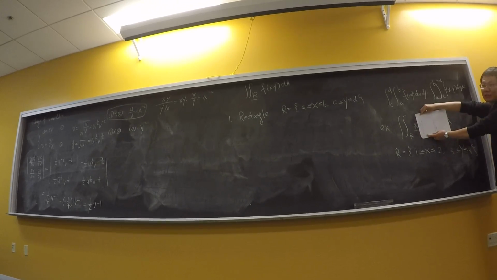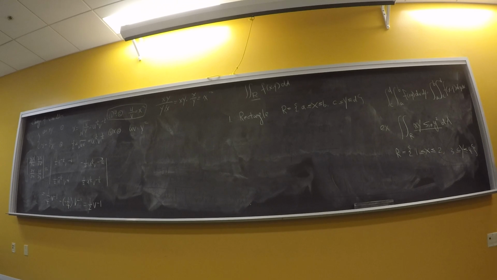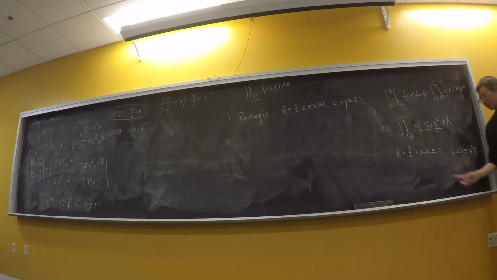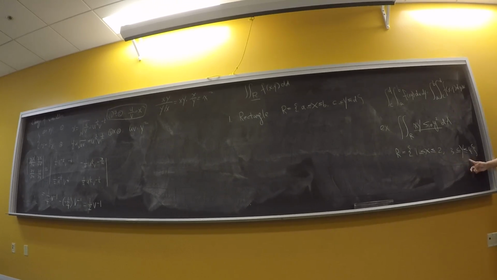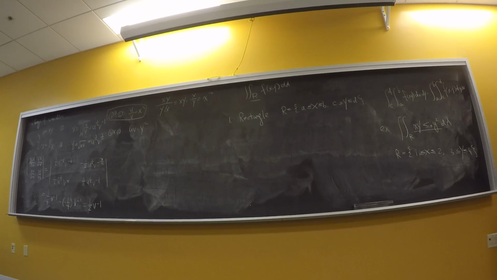It's much easier, all right? So you have to decide which order you want to go, and that depends on which one is easier in terms of the antiderivative. So I want to take integration with respect to x first, and then y. Okay, but usually both of them will work. So you don't have to be scared about this rectangle case, but one of them is probably easier.